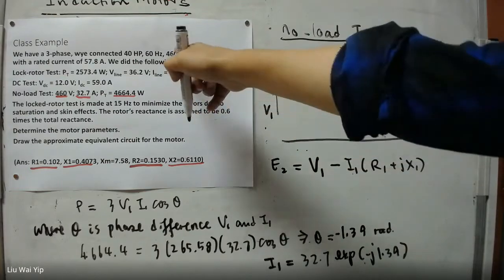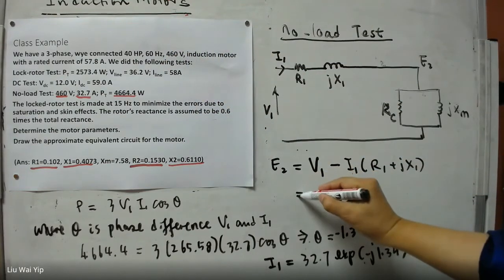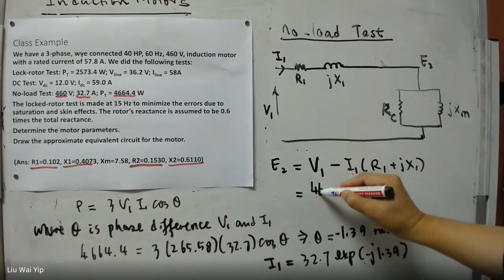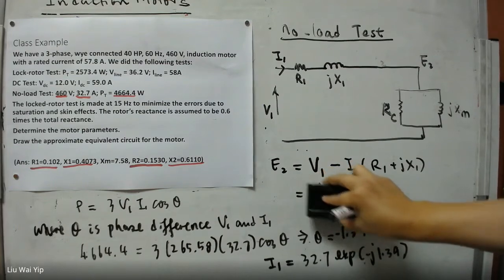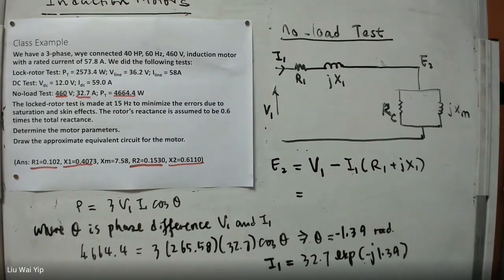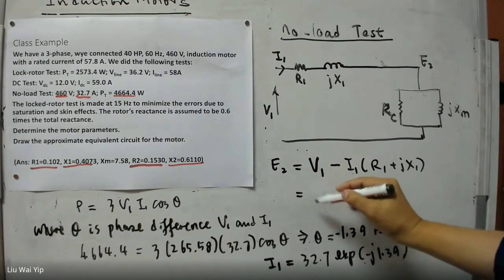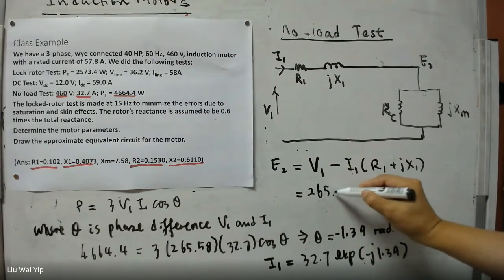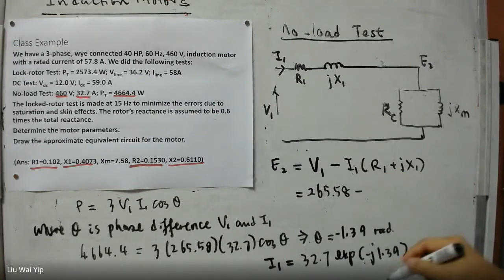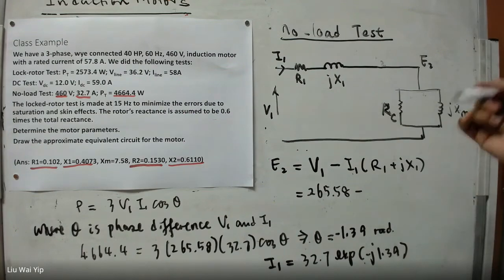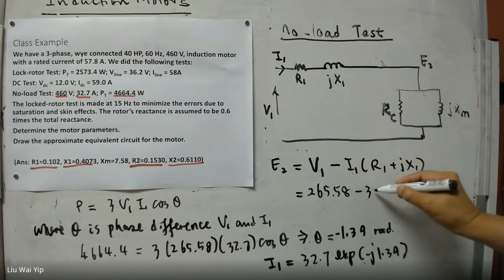And we have already got the value for V1. It should be this one, right? And I1 is a complex value. It's typical for me to write down everything.